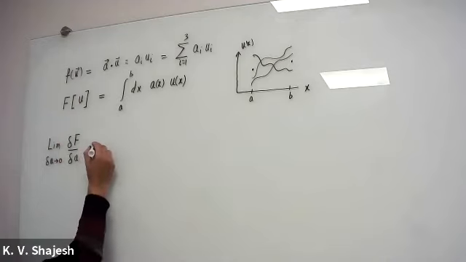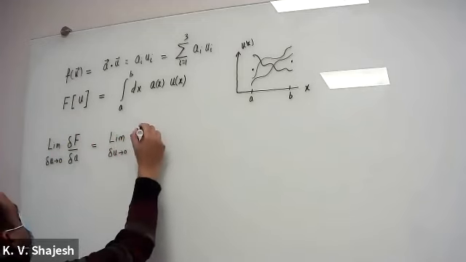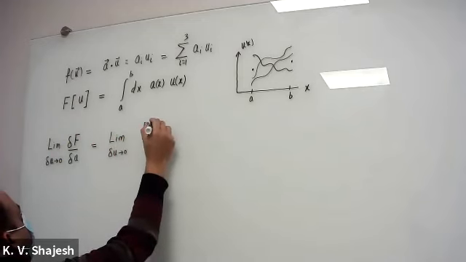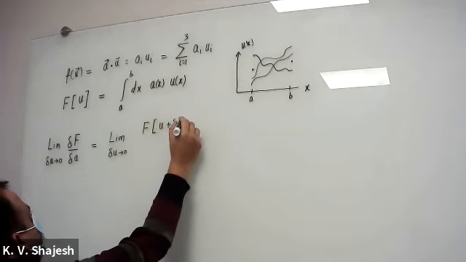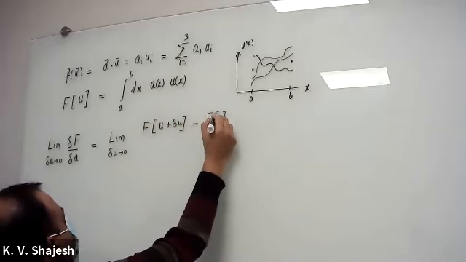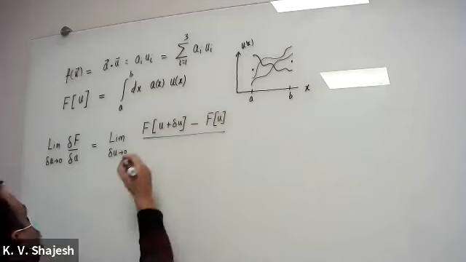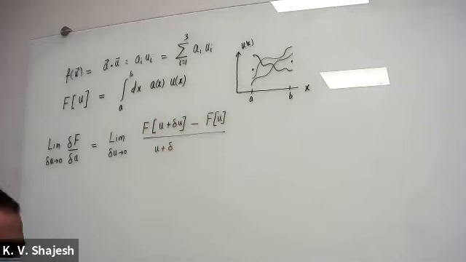So that's the same as the limit, delta u tends to 0, of the functional f of u plus delta u minus f of u, divided by, and I have to actually at this point specify the quantity. So yeah, I should be more careful.